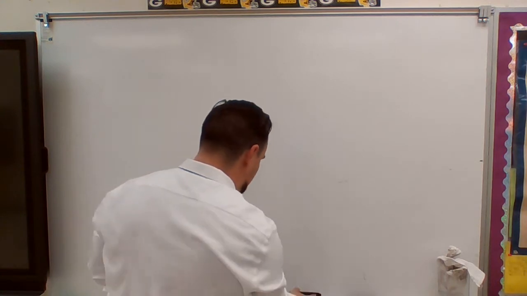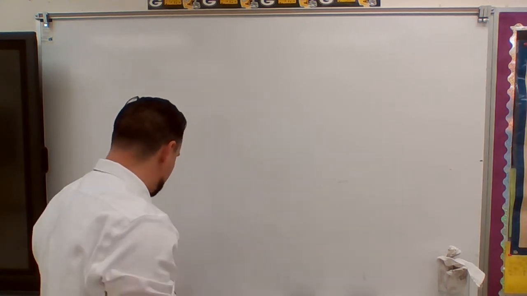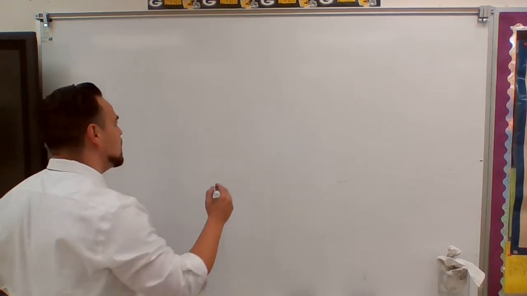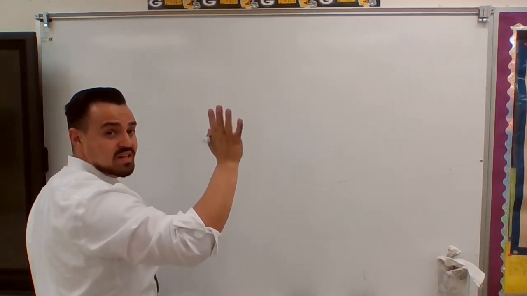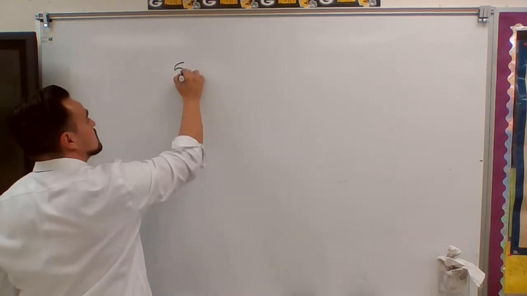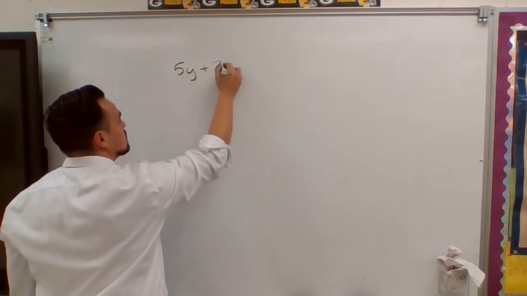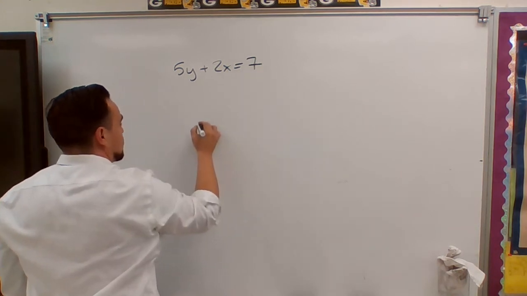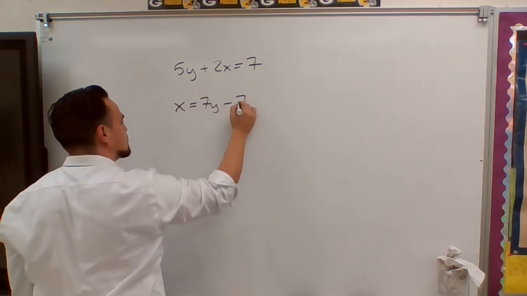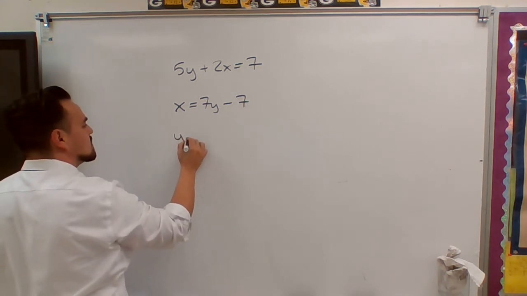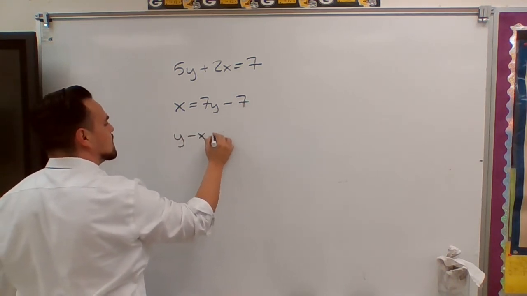There is one particular form of linear equations that is standard, if you will. It's standard because it tells us a lot. It's fun to work with. Now, you'll get linear equations, two variable linear equations that look like this.